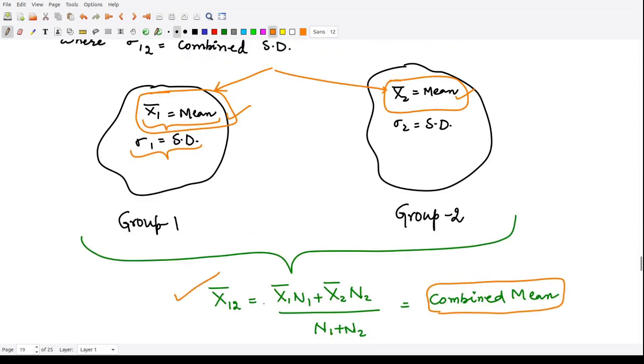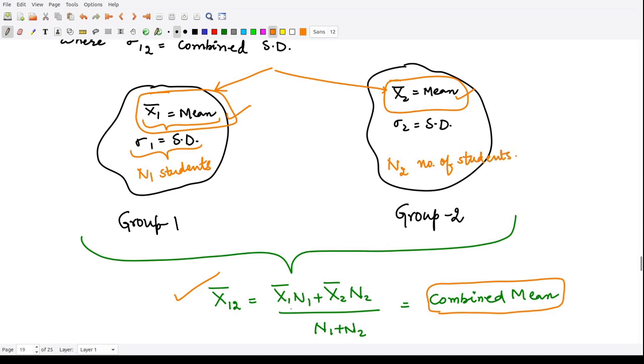So what is this mean? It is x1 bar n1 plus x2 bar n2 divided by n1 plus n2, where n1 is the number of students present in the first group, and n2 is the number of students present in the second group.